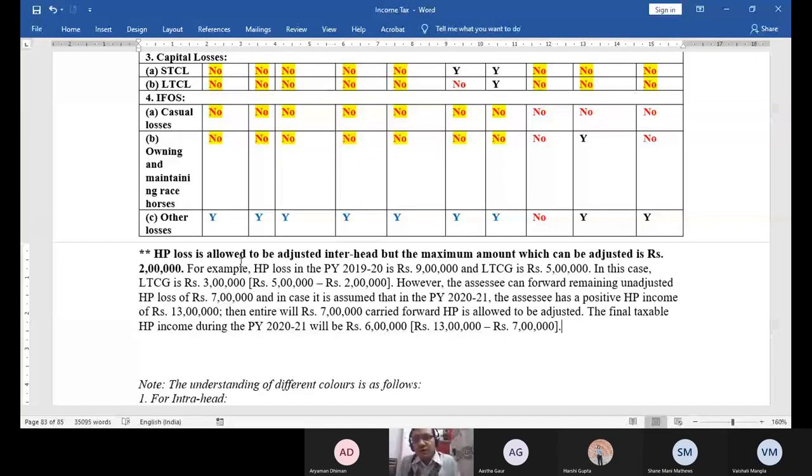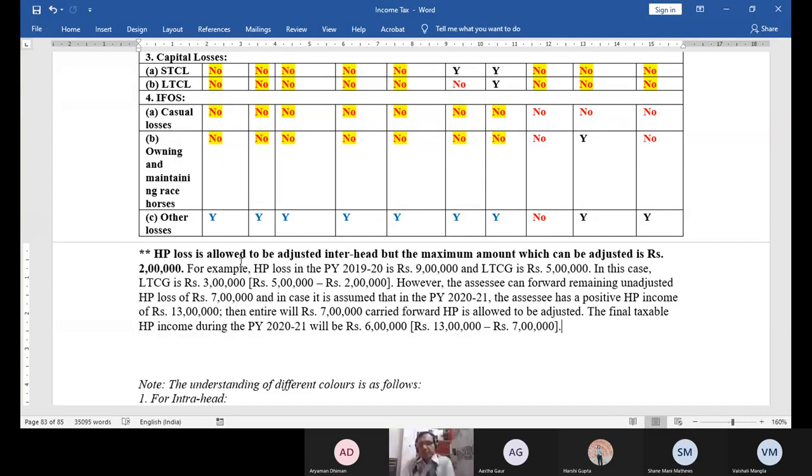And I told you that once it is carried forward, in future any loss will remain in the same head. Once it is carried forward, in the next year the entire amount is allowed to be adjusted against this same head, and this 2 lakh limit doesn't work. The 2 lakh limit is applicable only in the year in which there is a loss, only for inter-head adjustment, and only for house property. There is no ceiling under any other losses.